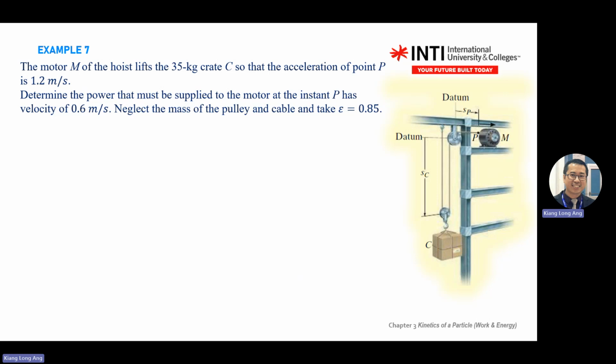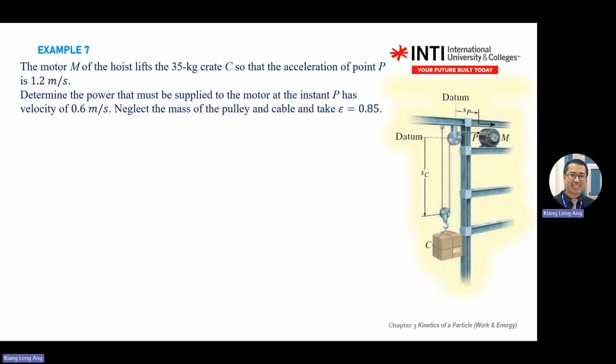The acceleration at point P reaches 1.2 meter per second square. Typo error here. Right? The acceleration is 1.2 meter per second square. Determine the power that must be supplied to the motor at the instant P has velocity 0.6 meter per second.